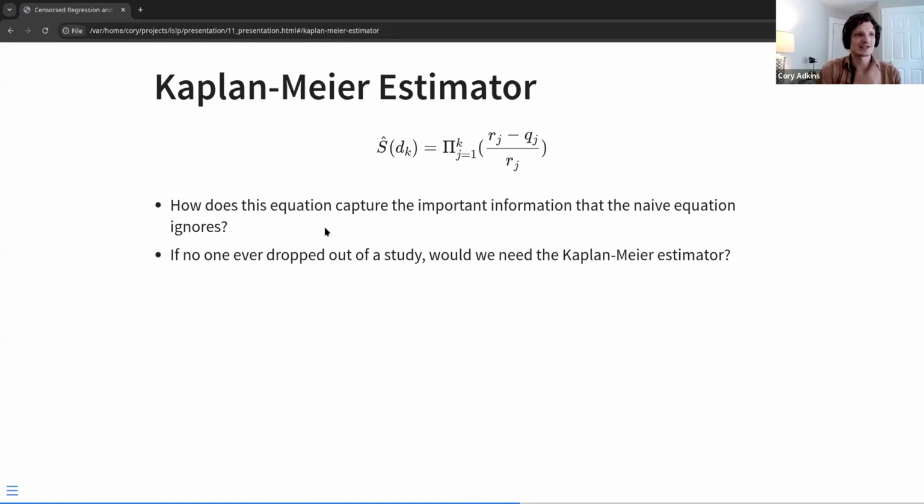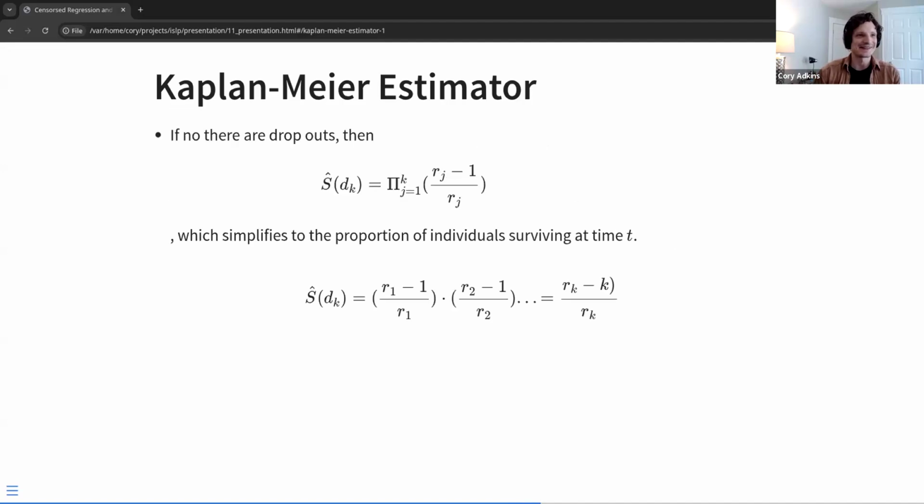And then I had this question, which is like, if no one ever dropped out of a study, would we need this estimator? And my sense was no. I'm glad you're here, because I was kind of trying to figure it out. If there are no dropouts, then in each period you just lose one.